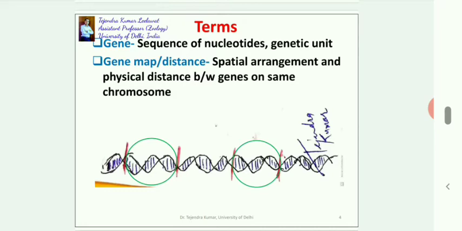Between these two, on the left side is gene 1, and on the right side is gene 2. In between these two genes, another sequence is also there, and that is the distance between the genes. Genes are arranged on the chromosome, and they are sometimes closer to each other, whereas sometimes they are more distant apart.